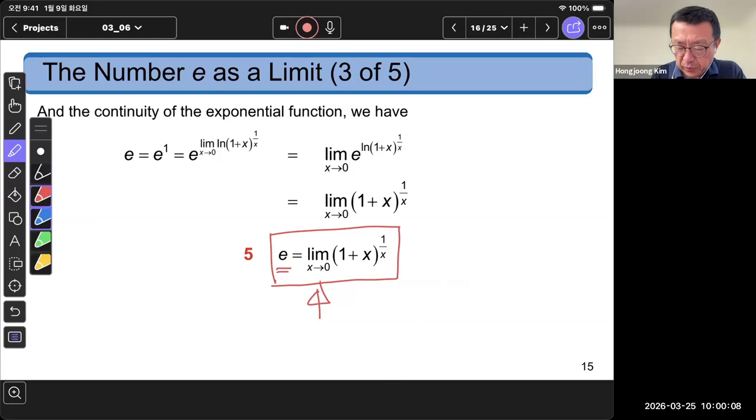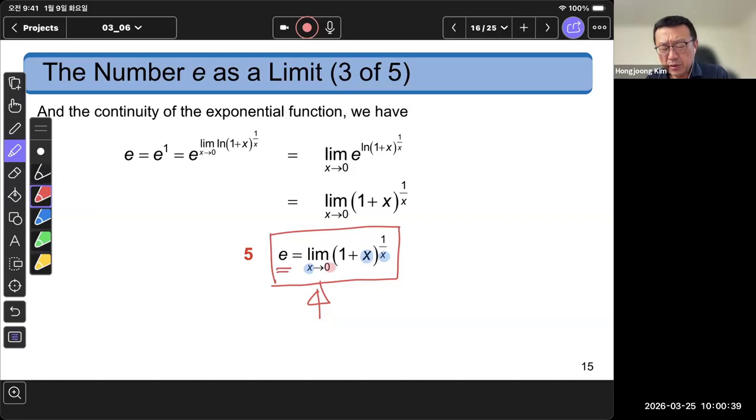You need to observe a few things here. This x and this x are the same. So (1 plus x) to the 1 over x, and as x approaches 0, not infinity, not 1, just 0, then this limit exists and the limit value will be e.